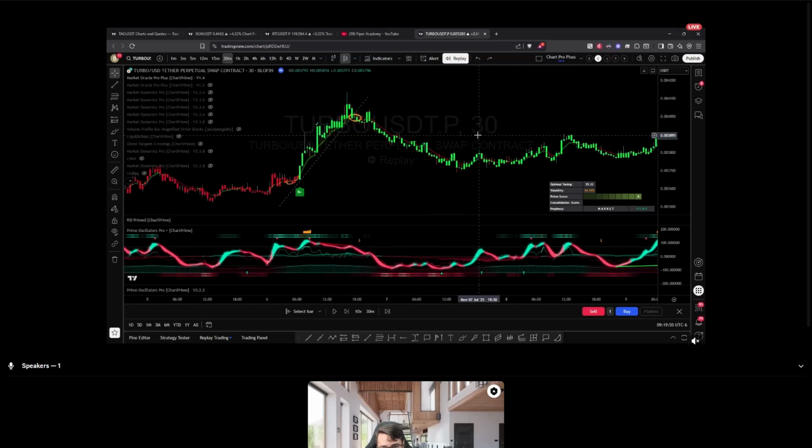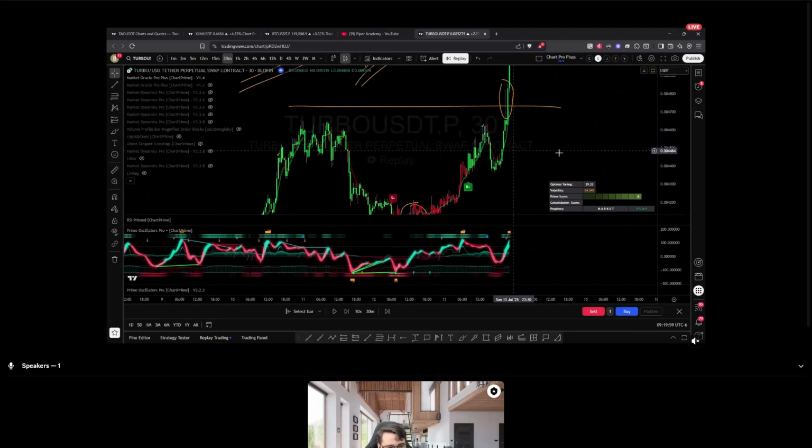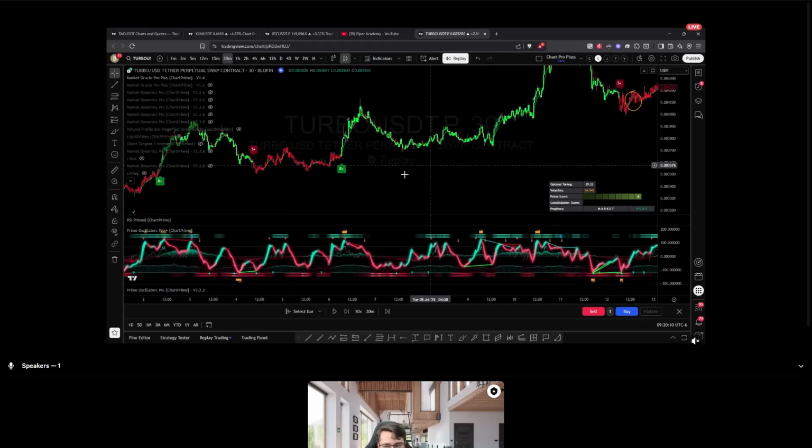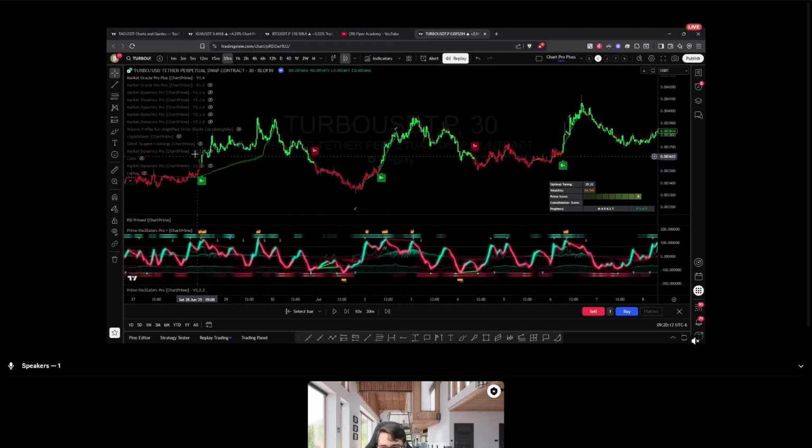And then that guy, for some reason, decided to take one very good concept, which tends to be a cup and handle, or what we usually see before continuation.